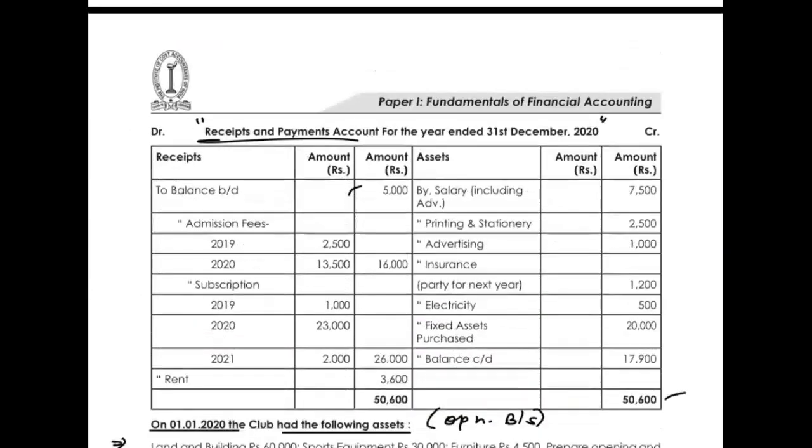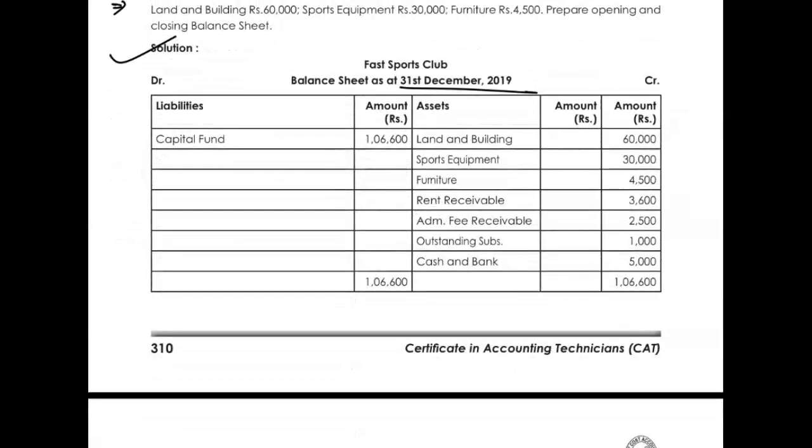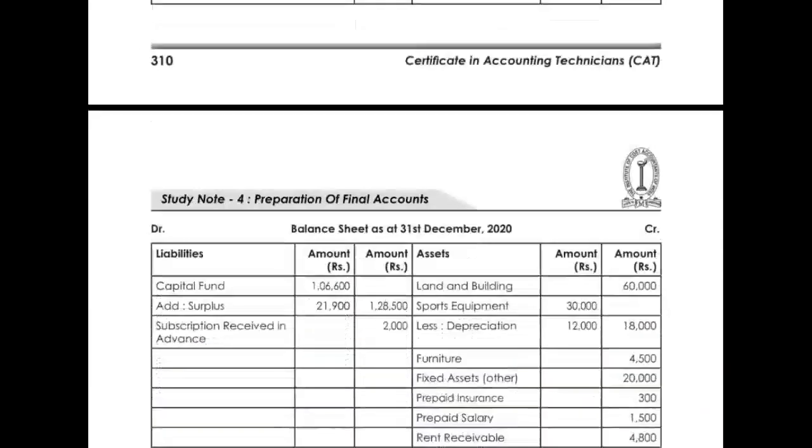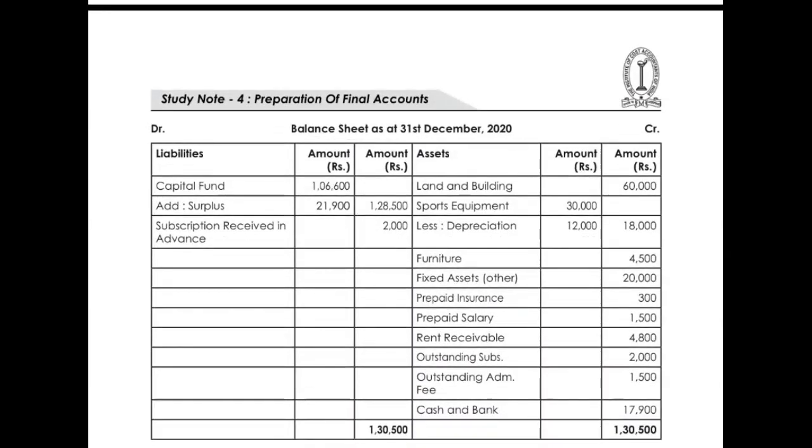On the basis of that, you have to prepare the opening balance sheet. This is a little bit tricky question that I want you to try, but it is similar to what we have already done. And then you need to prepare the balance sheet for the 31st of December 2020. That is also very, very simple, which you can try on your own.